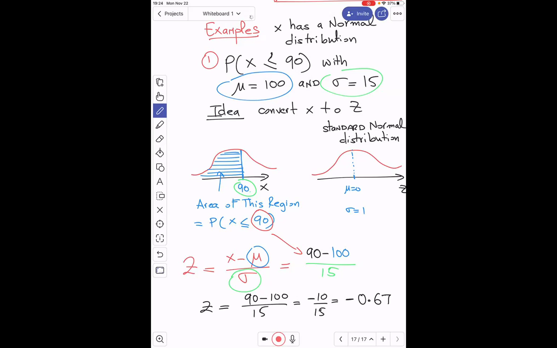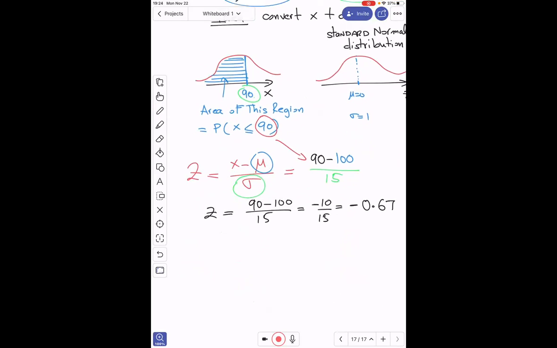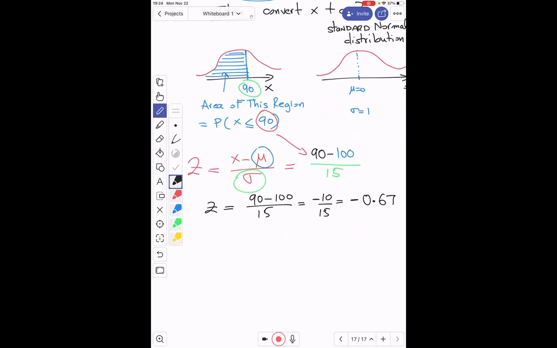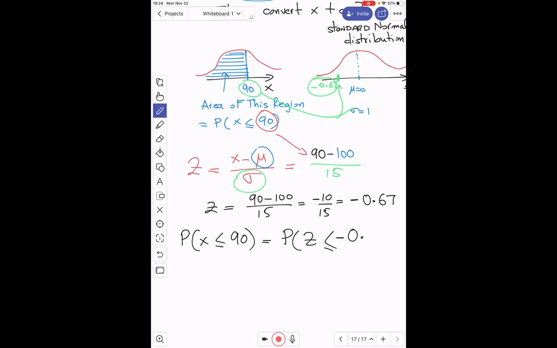So what we are saying here, guys, is that this 90 corresponds, in the standard normal distribution, to negative 0.67. In other words, the probability that x is less than 90 is the same as the probability that z is less than negative 0.67.